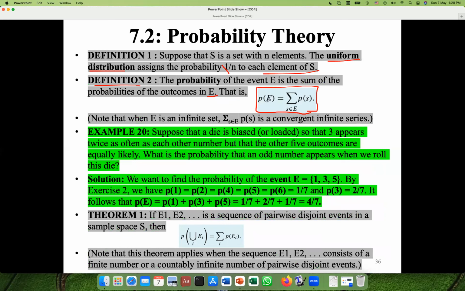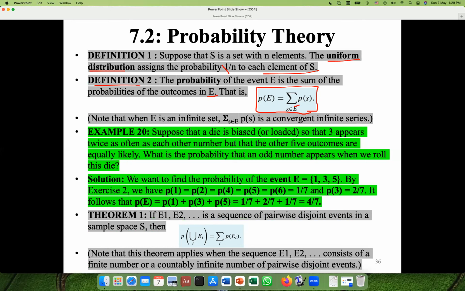So the probability of an event, this equation is saying that now according to this definition, in the event you have the outcomes. So the probability of the event is equal to the sum of the outcomes which are available in E.